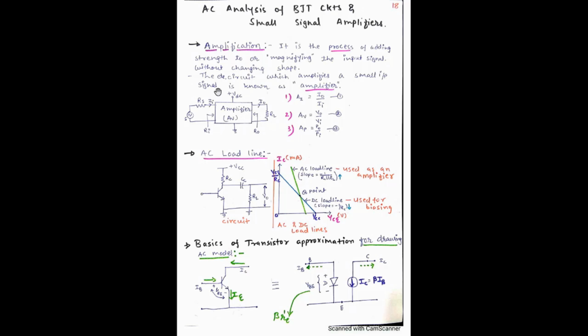Plus VCC, that is the battery, the external DC voltage supply, and this is ground. So dear students, we can understand this block diagram as an amplifier and its main characteristics are described by Ai, Av, Ap, Ri, Ro, Ii, Io. These are the important parameters.